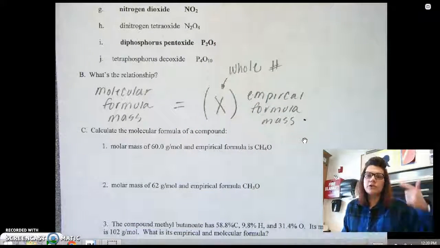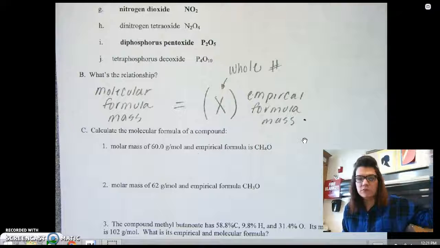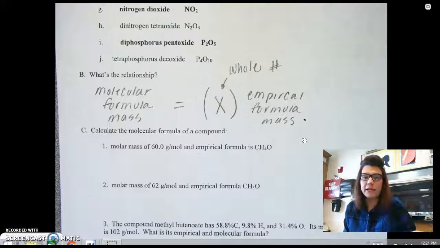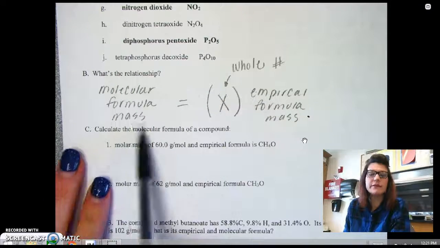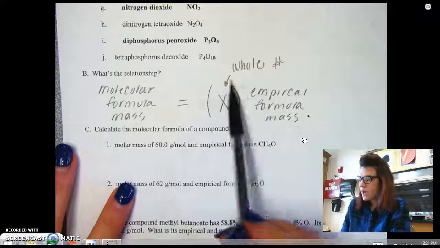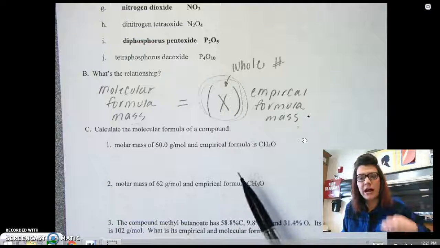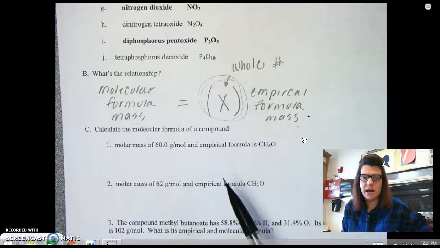So like 1, 2, 3, 4, 8, 9, okay? Any number would be X. So when I divide the molecular formula mass by the empirical formula mass, I should get whatever number I had to multiply the subscripts by to get there.